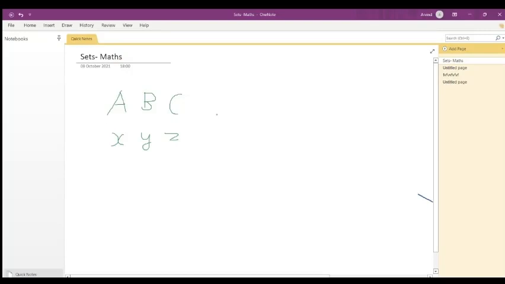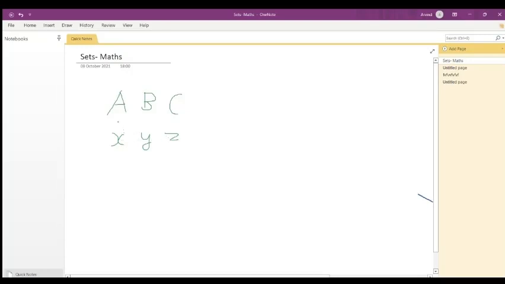This is the capitalized form, and this is the small form. So the capital letters are for the set, and the small letters are for the members of the set.